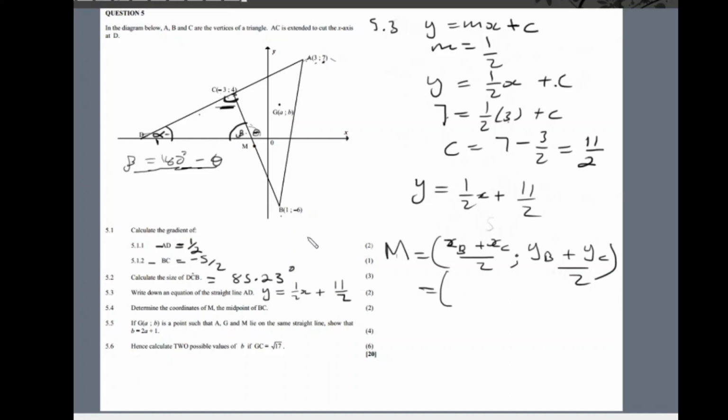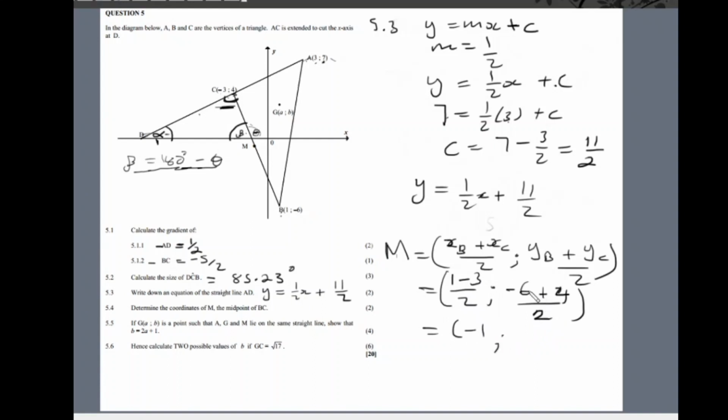X at B is 1, right? So here I'll put 1. X at C is minus 3. There I'll put minus 3 divided by 2, right? And then y at B is minus 6. Y at C is 4. So here I'll have minus 2 divided by 2 is going to be minus 1.